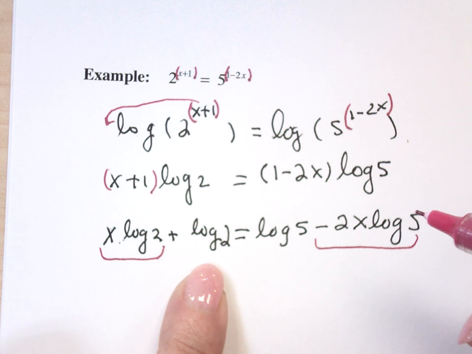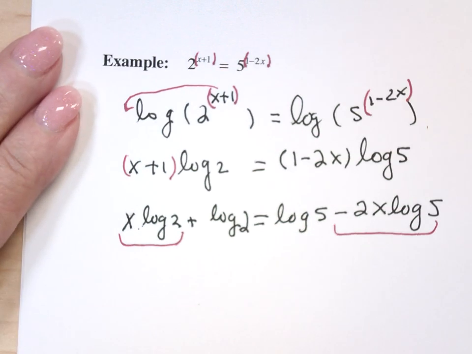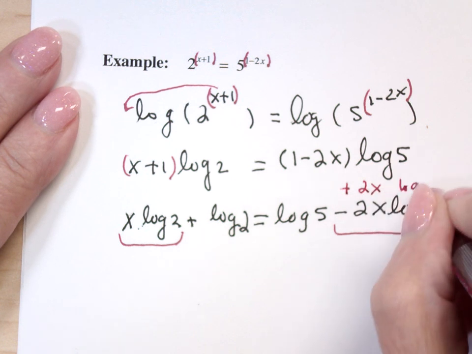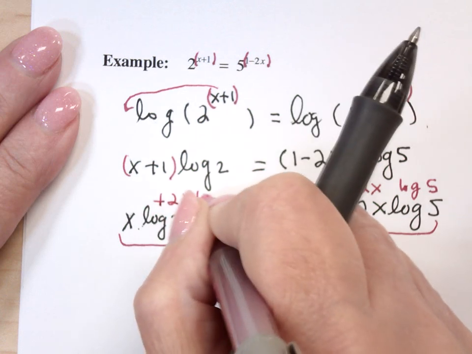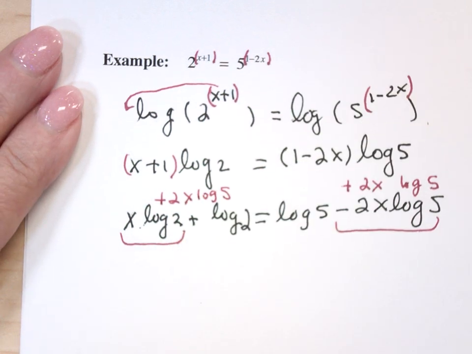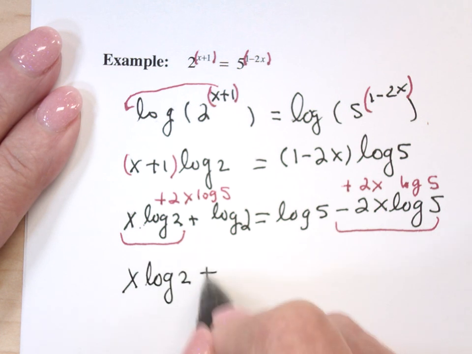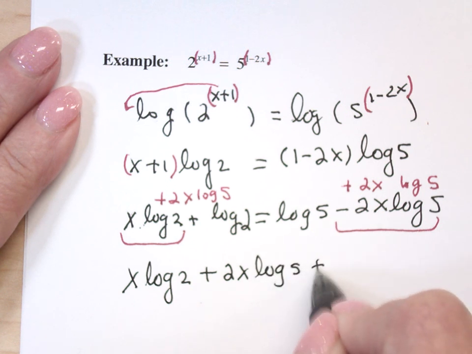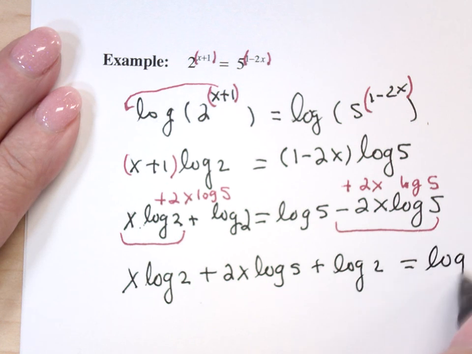It'll be kind of like when you're finding the inverse. So I'm going to add 2x log of 5 to both sides. So this says x log of 2 plus 2x log of 5 plus log of 2 equals log of 5.